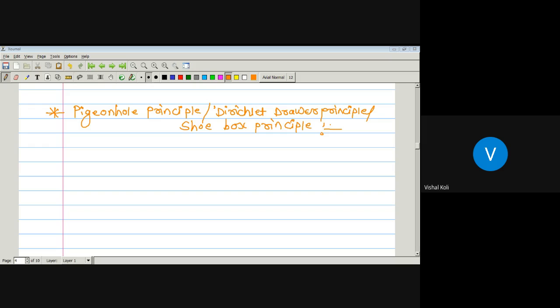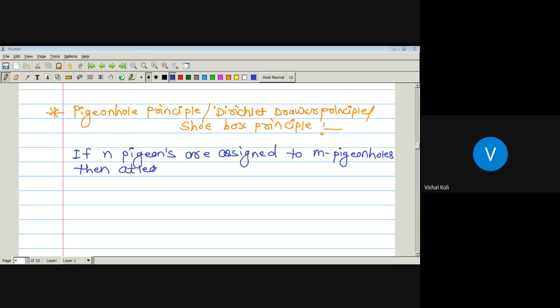Okay. So first let us see its statement. If n pigeons are assigned to m pigeonholes, then at least one pigeonhole contains two or more pigeons.